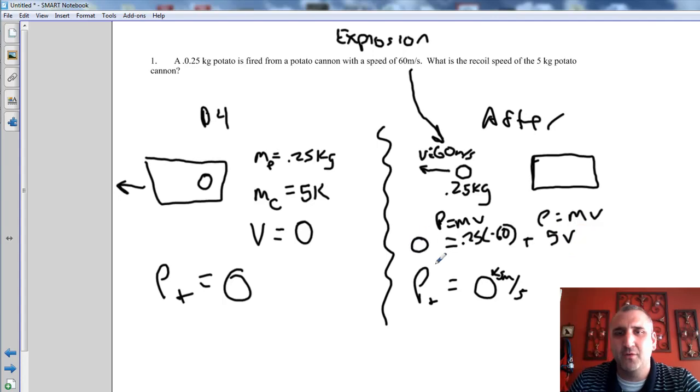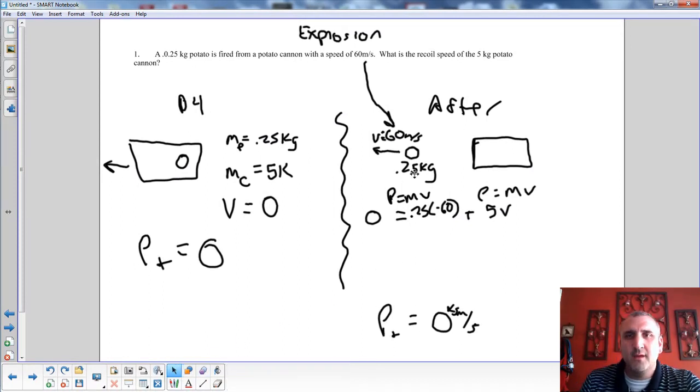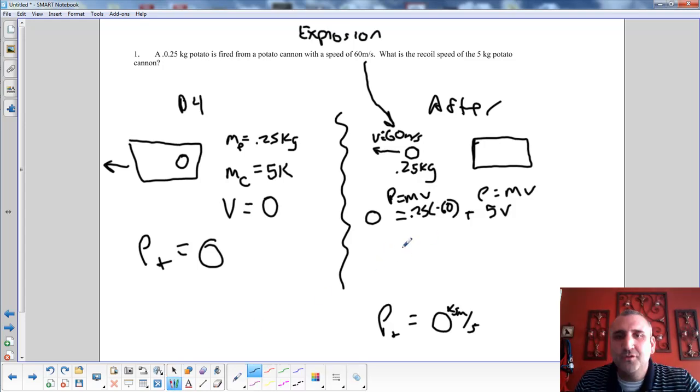So 0.25 times negative 60 equals negative 15. So 0 equals negative 15 plus 5v.